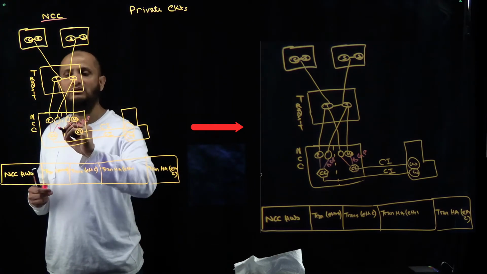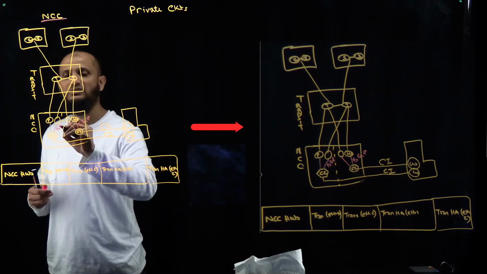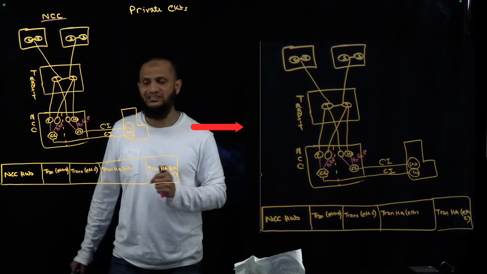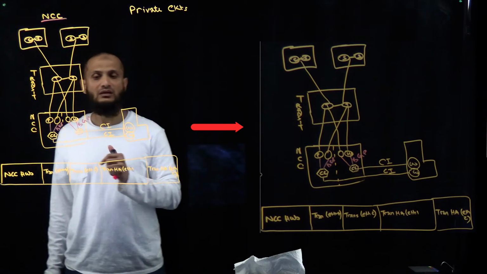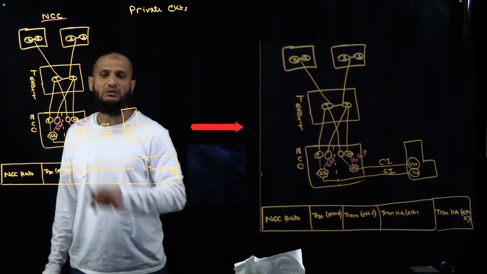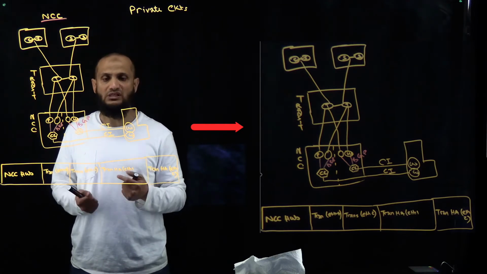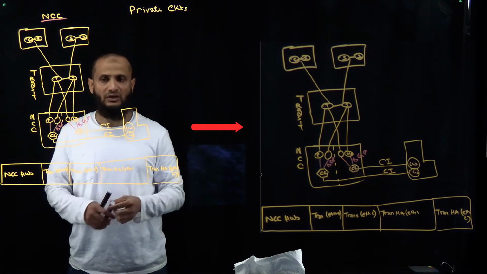In this scenario, we are talking about the Aviatrix gateway. But since Aviatrix has the integration with the NCC, now you can run BGP between these two devices, and the Aviatrix transit gateways are going to receive all the on-prem routes over here.